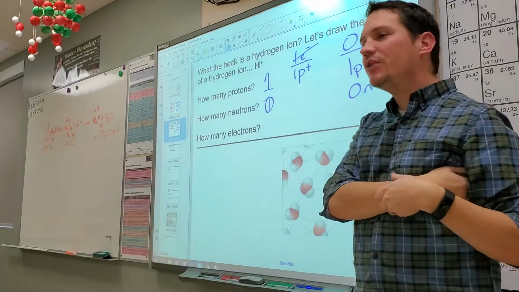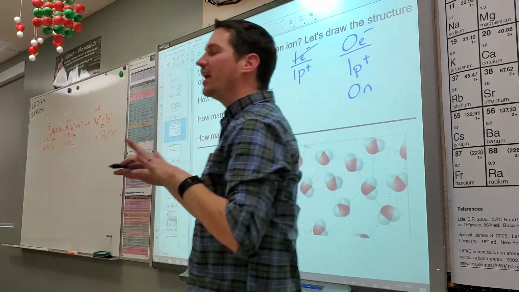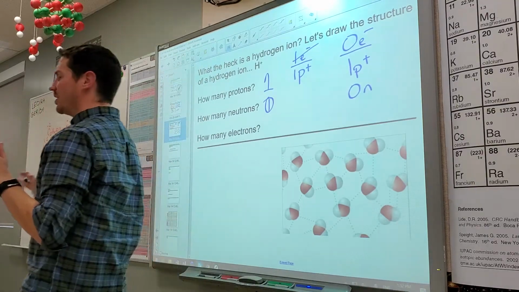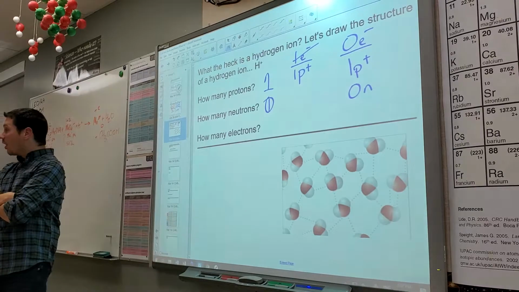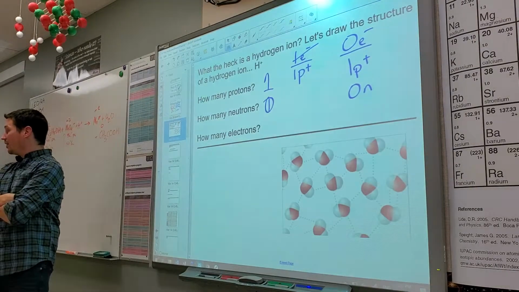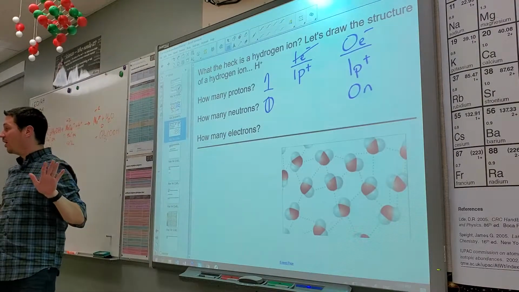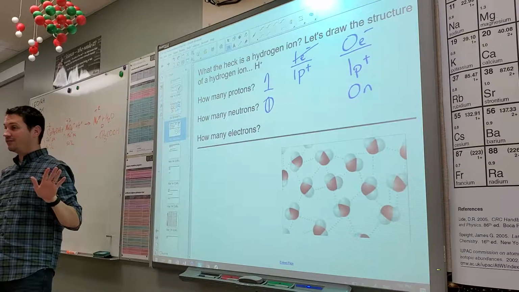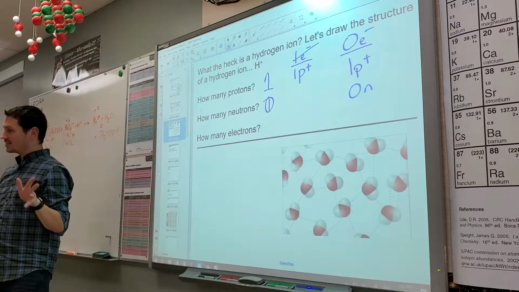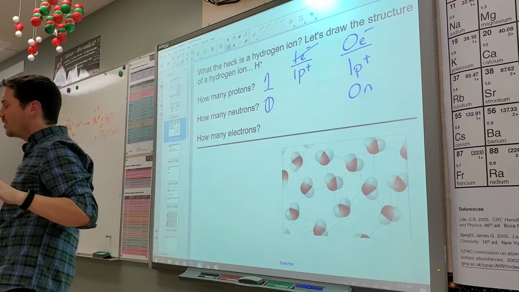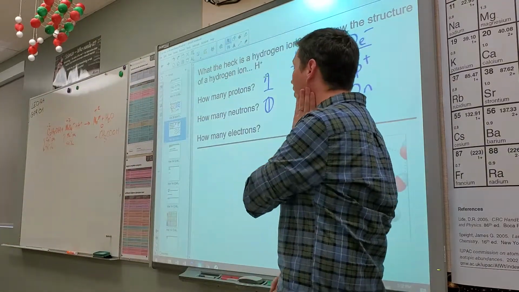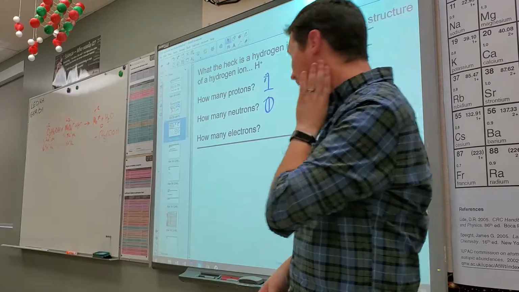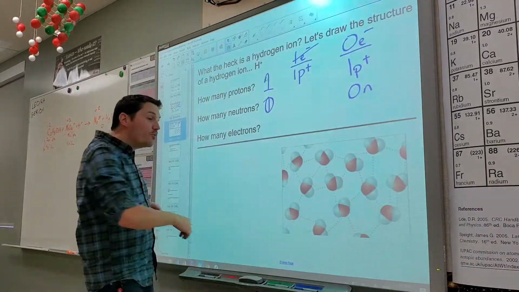If we wanted to use a different name other than a hydrogen ion, what would we call this hydrogen ion? We would call it a proton. This is a bare proton all by its lonesome self, not interacting necessarily with any electrons or neutrons.